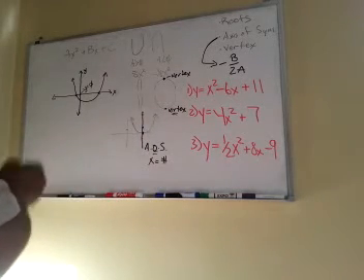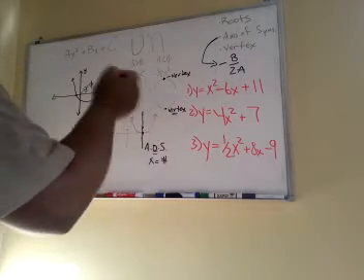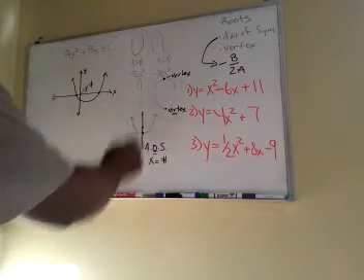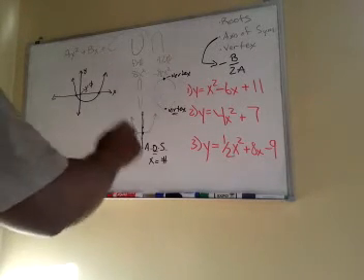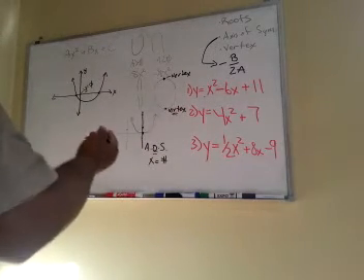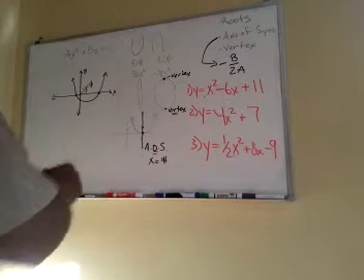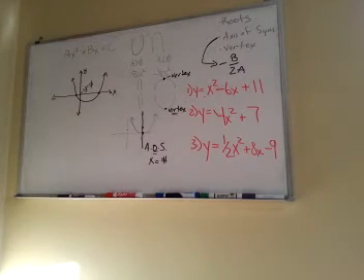So again, we use this formula to get the axis of symmetry, and it's going to give us just a number for x. That is the line for the axis of symmetry. And if you take that number and plug it back into the original equation, then you can get your xy value to give you the vertex. And then you can figure out what it's going to look like.